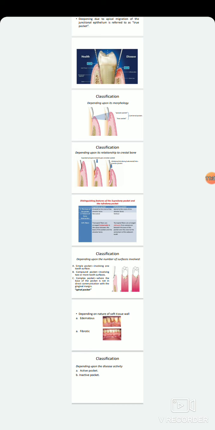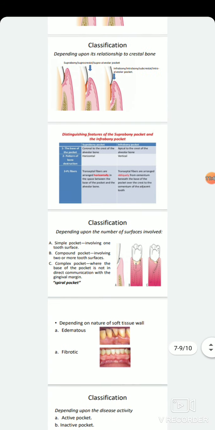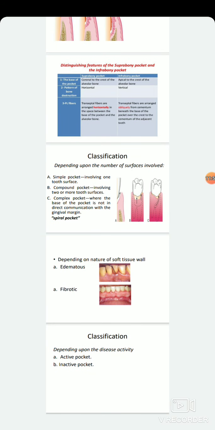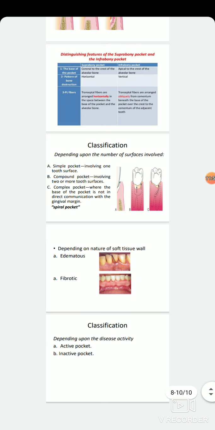Infrabony pockets are again classified into one wall, two wall, and three wall defects. Based on surfaces involved, they can be classified into simple, complex, and compound pockets; then edematous and fibrotic pockets; and active and inactive pockets.